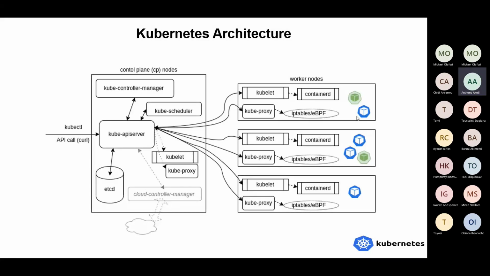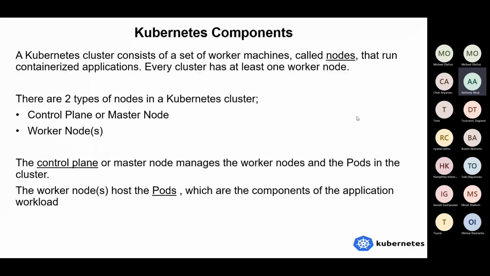So the components of Kubernetes, like I said before, we have sets of worker machines that are called nodes, and that run containerized applications. Every cluster has at least one worker node. And like I said, you have the control plane, or the master node.